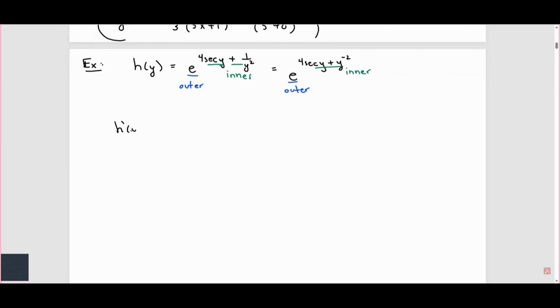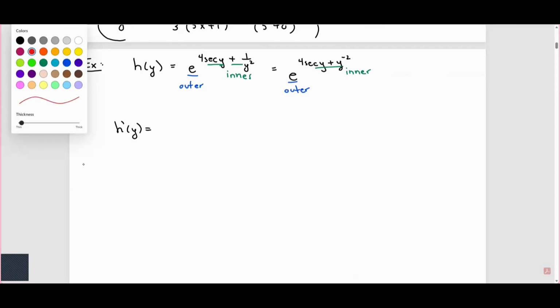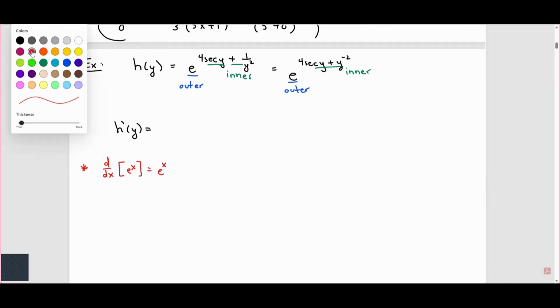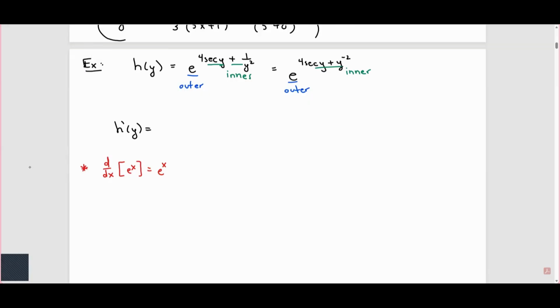And let's take our derivative. Now we're going to be very careful here because remember that when I take the derivative of e to the x, what happens to it? It's just e to the x. It is its own derivative. So when I go to take the derivative of my outer function, this is a tricky one that professors use, okay? When I go to take the derivative of my outer function, which is the e portion, nothing changes.